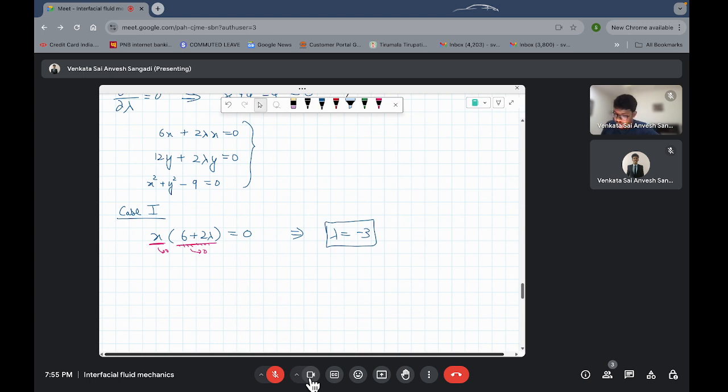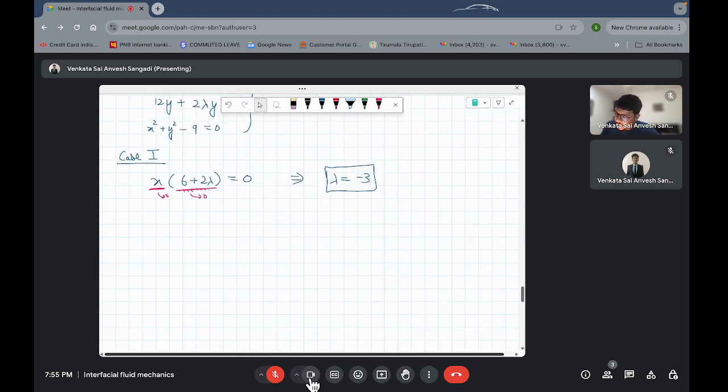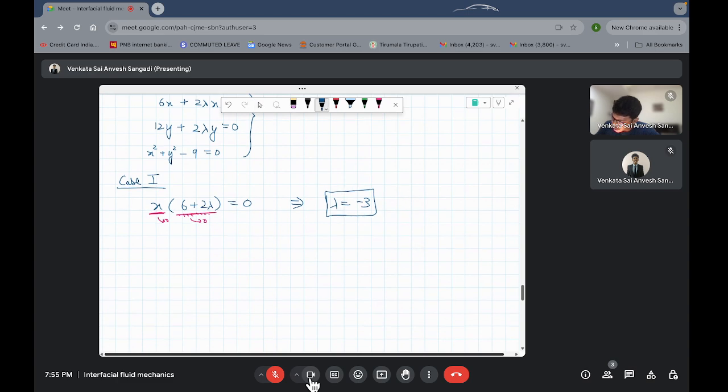Okay, so now we have the second equation, which says that y into (12 plus 2 lambda) is equal to 0. By substituting lambda equal to minus 3 into this equation, this turns out to be 12 minus 3 into 2, which is 6.